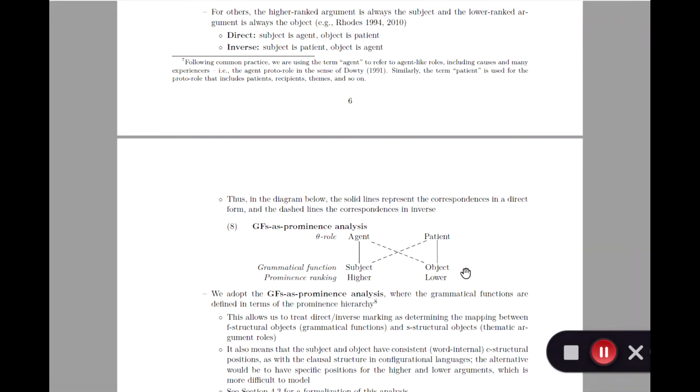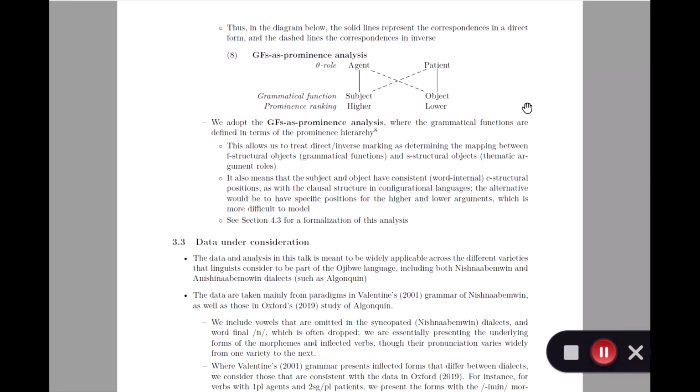And so this allows us to treat direct and inverse marking as part of the mapping between F structural objects, the grammatical functions, and these S structural objects, these thematic argument roles. It also allows for a more intuitive way of mapping the C structural positions of the subject and object, as well as the specifications of various VIs. And so, again, in section 4.3, we formalize this analysis.